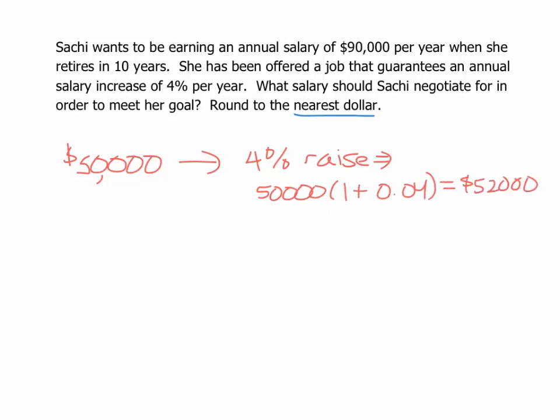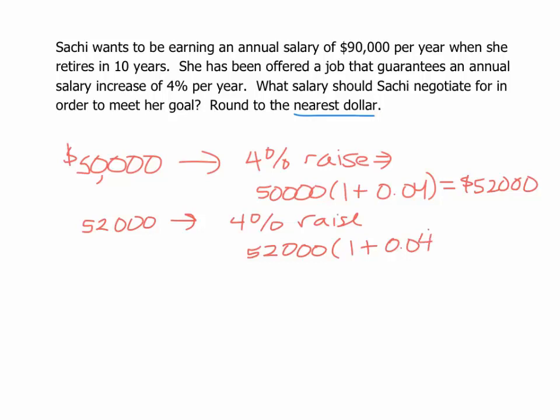Now, the following year, she'd be starting with a salary of $52,000, and then she'd earn another 4% raise again. And so she would be earning a raise on that $52,000 salary. So then the second year, you'd have to take the $52,000 times 1.04.